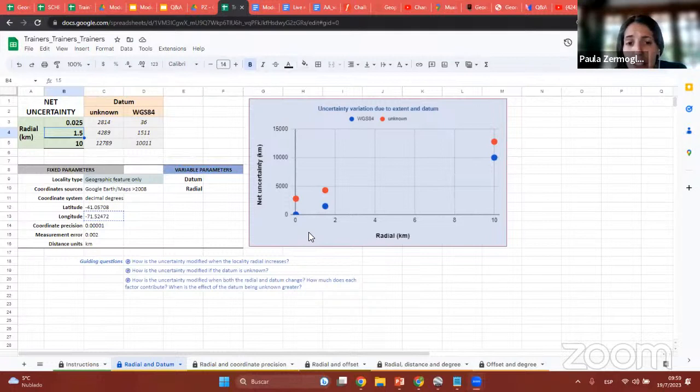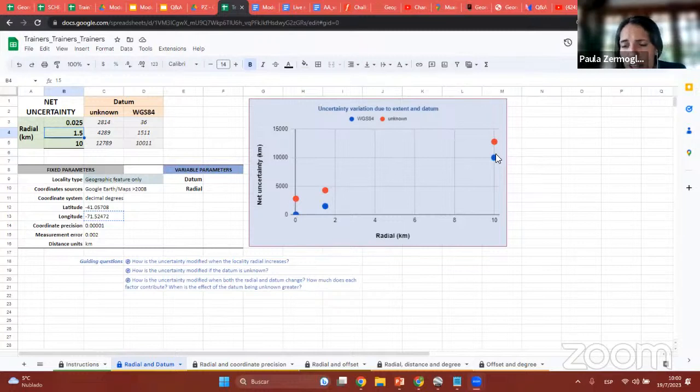The second pattern that we see here is that when we do not know the datum, when the datum is not recorded, systematically, the uncertainty is larger. So for any radial, always not having the datum makes the uncertainty be bigger. So is this clear?